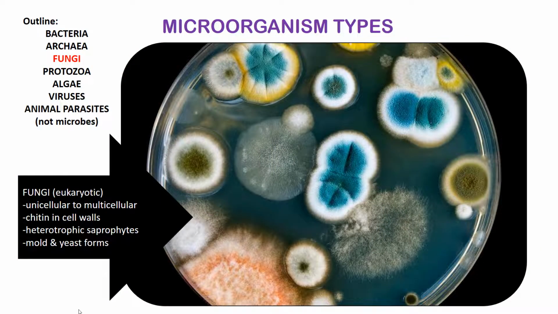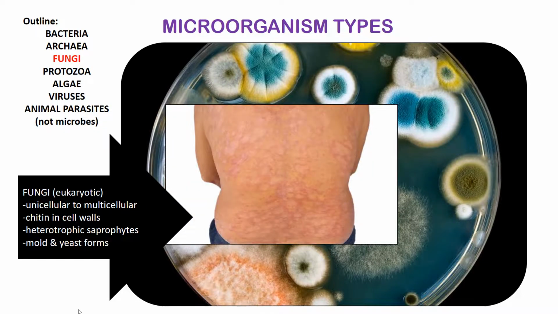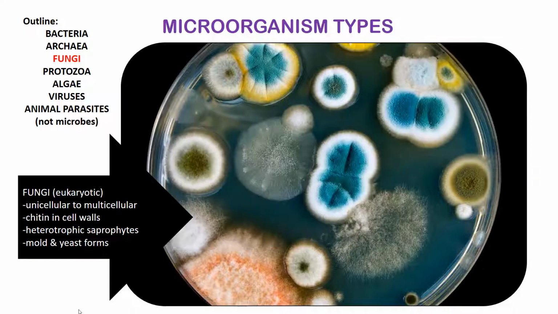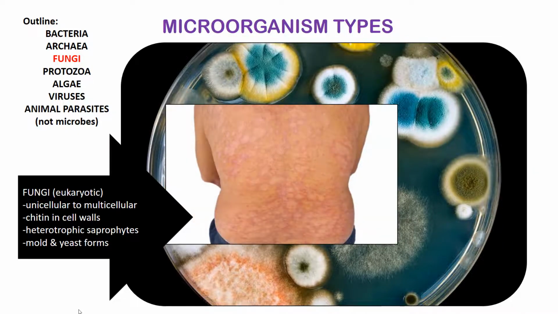Next are the fungi. We have plenty of examples: molds, skin diseases, mushrooms. Under the microscope, they look like spherical bacteria, only larger, because they are now eukaryotic cells. You can also grow them in Petri plates like this one. But compared to bacteria, they grow slowly.